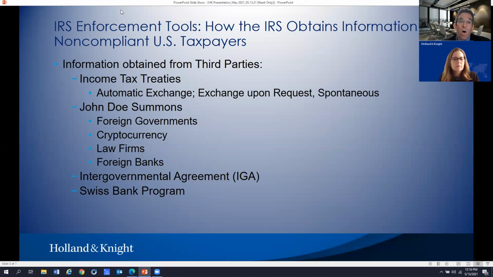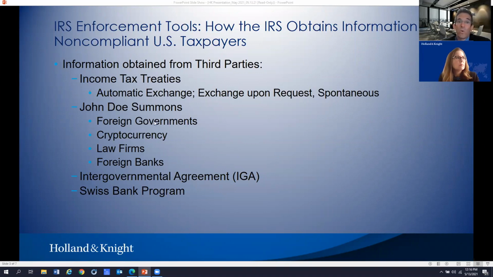The summons is authorized by a federal court, and the IRS needs to demonstrate that there's a reasonable basis that this group of taxpayers has non-compliance, and the information isn't otherwise available. Similar to the other issues and treaties, John Does can be used domestically and internationally. And when it's done domestically, it can be done to help a foreign government.